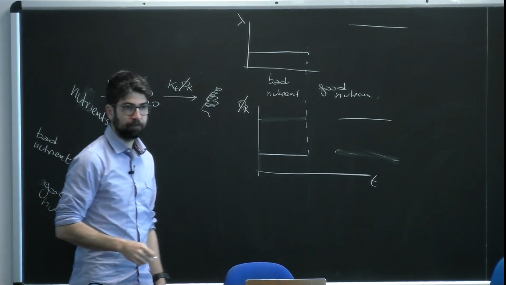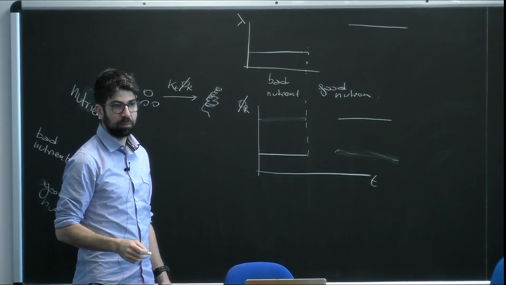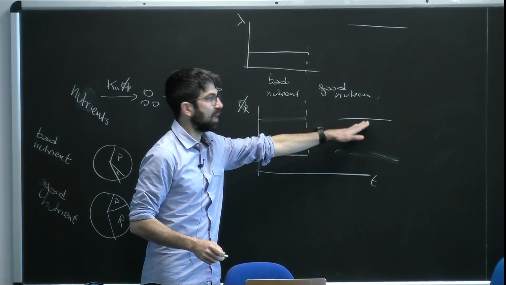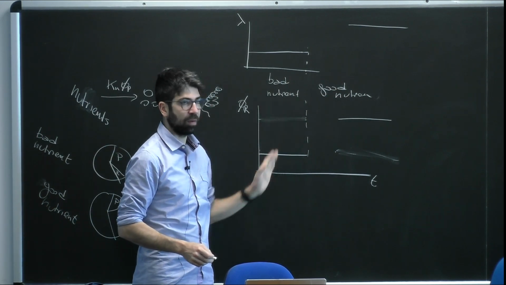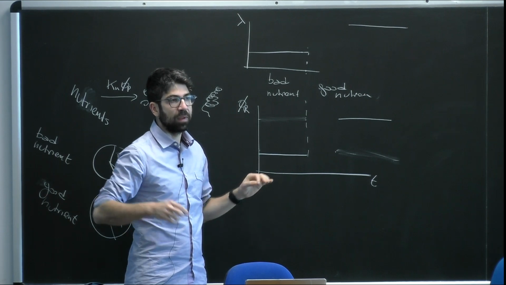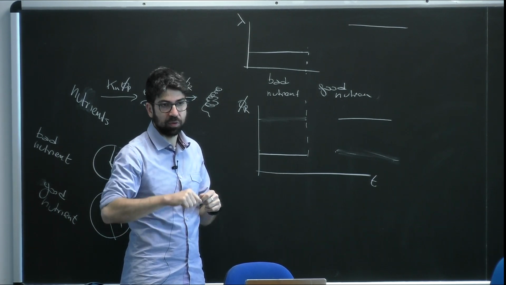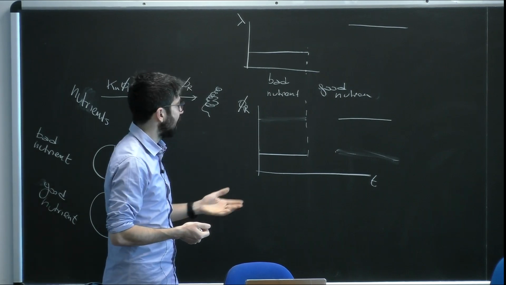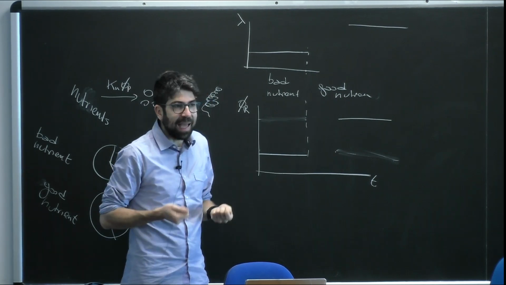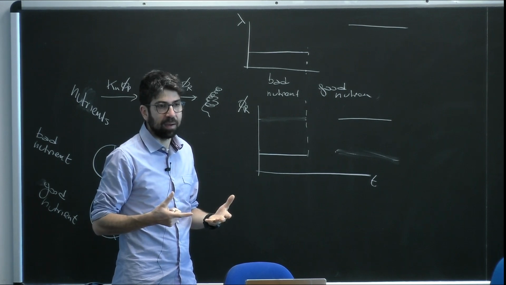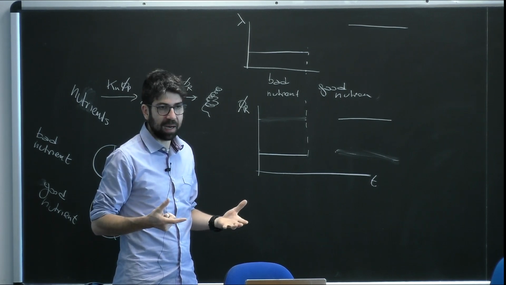Do you agree? What I'm saying is, in a good nutrient, you have a larger phi R, a larger growth rate. In a bad nutrient, you have a lower one. Now, this is stationary. Suppose that you do it as a shift, so you change the condition, then at any point in time, a cell will have some amount of ribosomes.